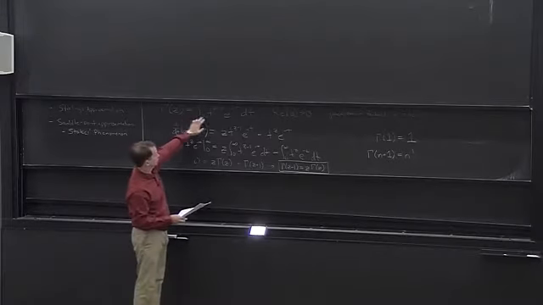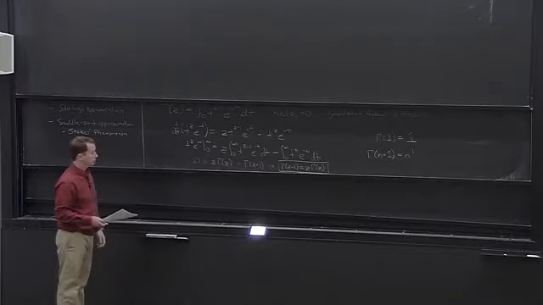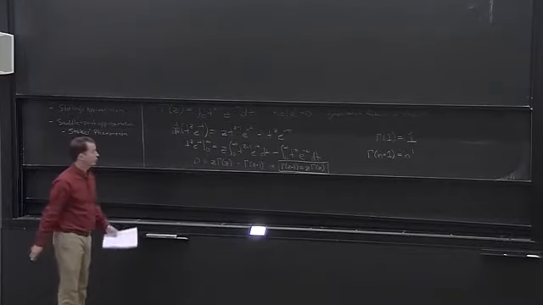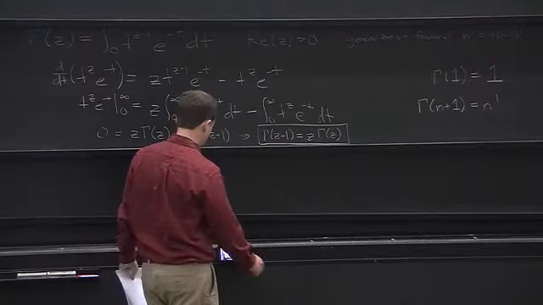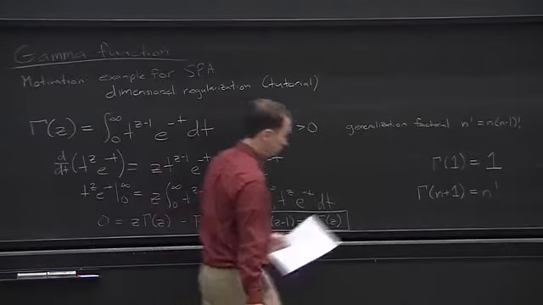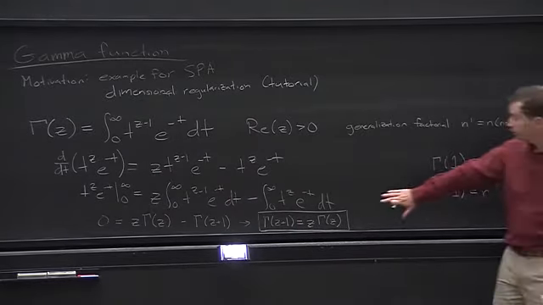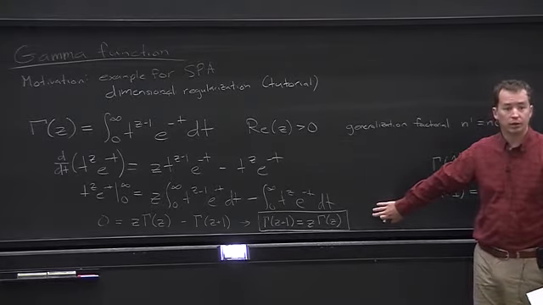We'll need two things. We'll need this original definition, as well as the location of the poles and residues. Okay, so we need to extend gamma to the whole complex plane.